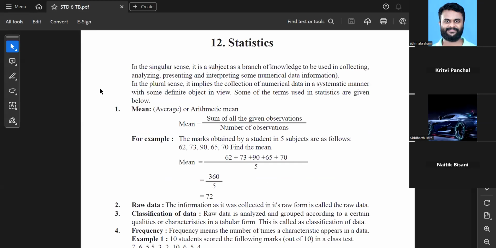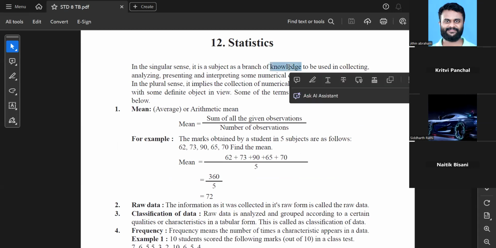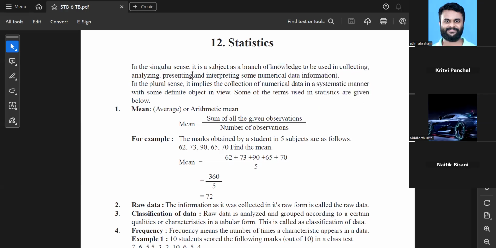Okay, so today we are going to start the next chapter, that is statistics. In the singular sense, it is a subject, a branch of knowledge, used in collecting, analyzing, presenting and interpreting numerical data.